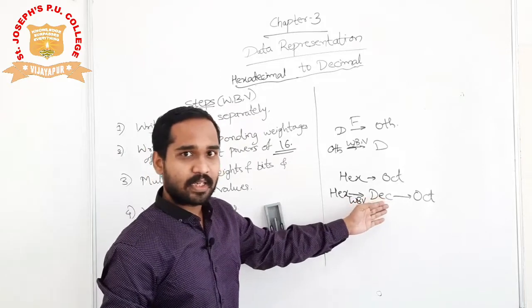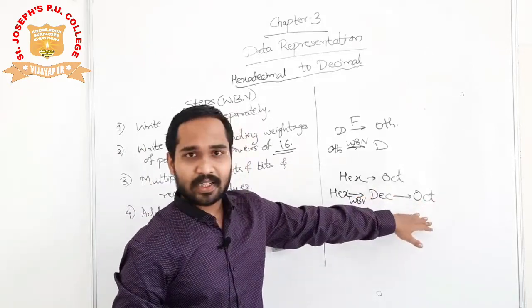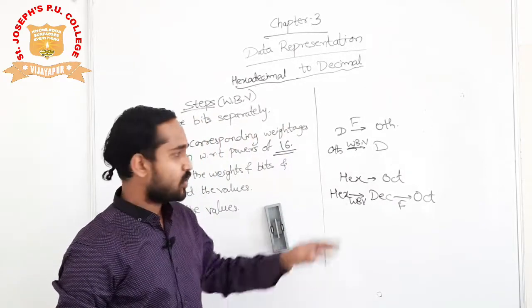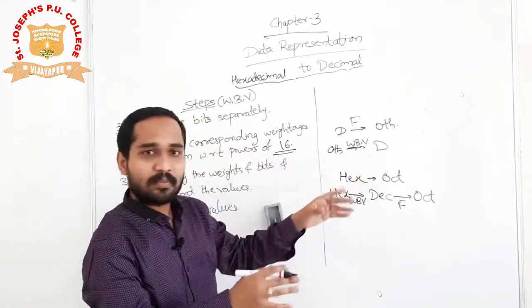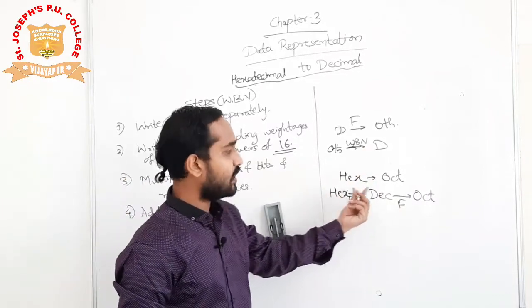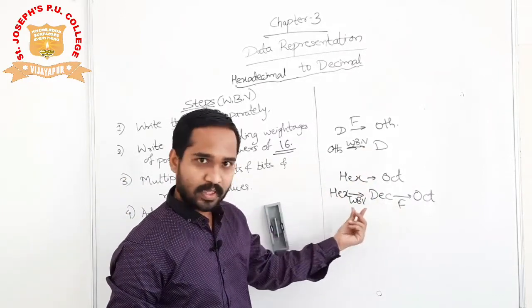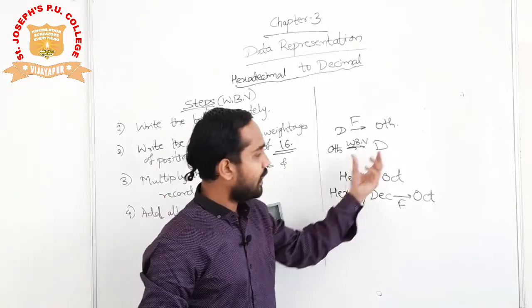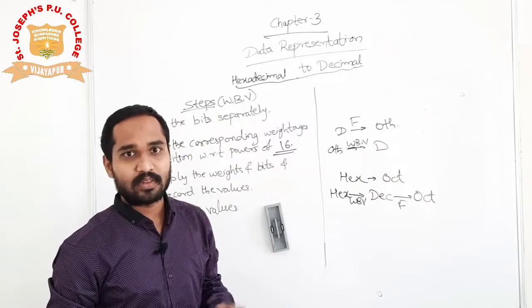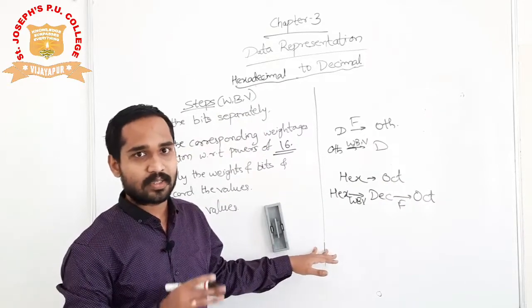When I get the decimal number, it can be converted to octal using factorization. So when converting inter-number systems like hexadecimal to octal, first convert that number to decimal using the WBV method, and then convert to your required number system using factorization. This is the procedure.